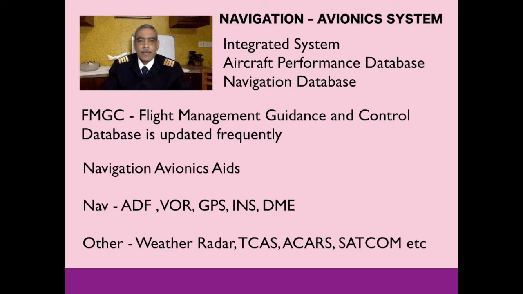Then there are other avionic systems such as weather radar, the traffic collision avoidance system, and something called the ACARS, where the information of the flight is centrally controlled and loaded into the computers, and of course the satellite communication, which is used nowadays in very many commercial planes and frequently used in business jets as well. So these are the popular systems that are incorporated as a part of the navigation and avionics systems.